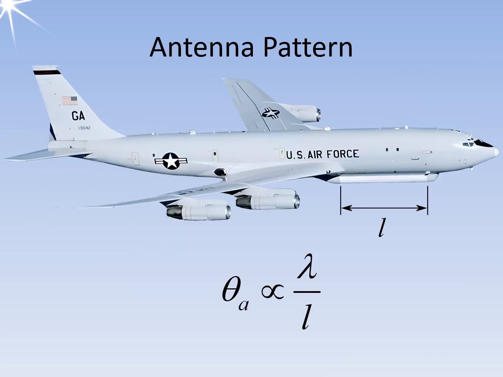The picture shows the E-8 aircraft from Northrop Grumman with the J-STARS side-looking airborne radar. The radar is capable of displaying two objects as separate entities only if they are not both located within the main lobe simultaneously. The approximate horizontal antenna half-power beamwidth theta A is proportional to the ratio of the length of the antenna to the wavelength.